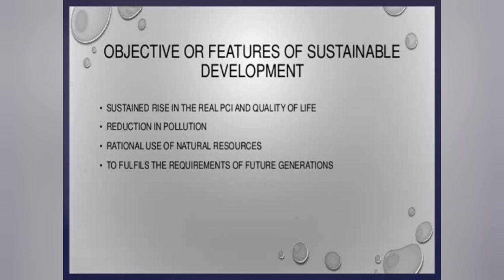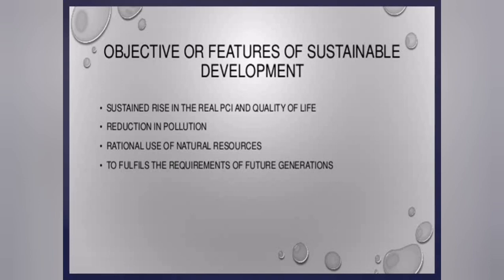There are some objectives or features of sustainable development. Look at these features. The first one, sustained rise in the real per capita income and quality of life. We should increase the per capita income and the standard of living of the people. Second one, reduction in pollution. The world should be a pollution free world. Third one, rational use of natural resources.